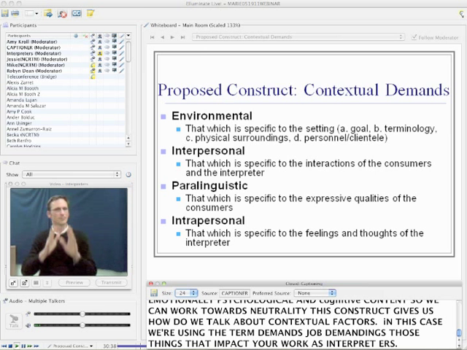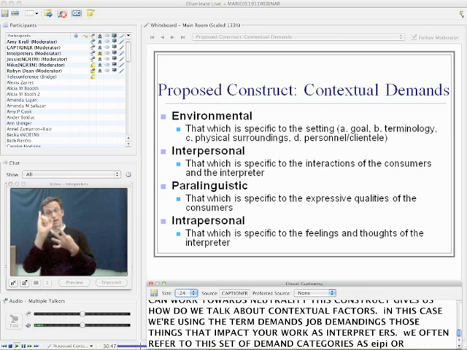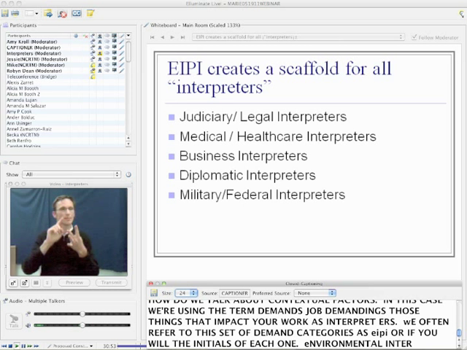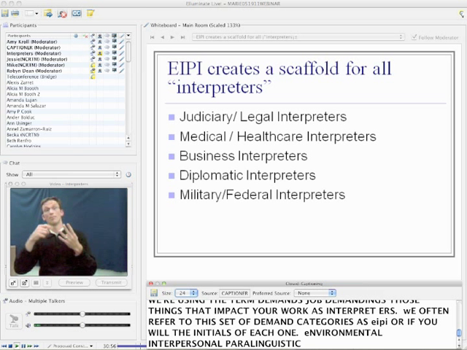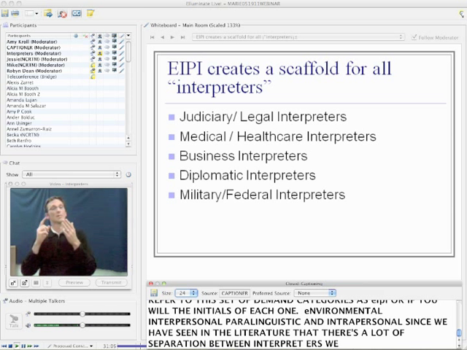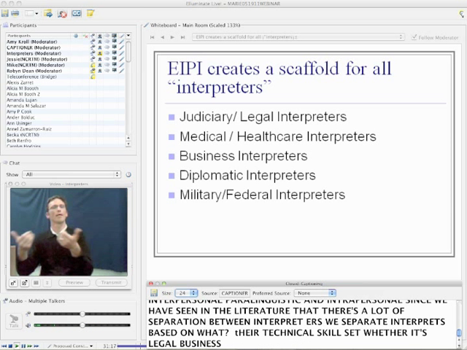We often refer to this set of demand categories as EIPI, or, if you will, the initials of each one: environmental, interpersonal, paralinguistic, and intrapersonal. Since we've seen in the literature that there's a lot of separation between interpreters, we separate interpreters based on what? Their technical skill set, the content that they interpret, whether it's legal, medical, business, etc. What we see with interpreters is this distinction and difference based in the linguistic aspects.